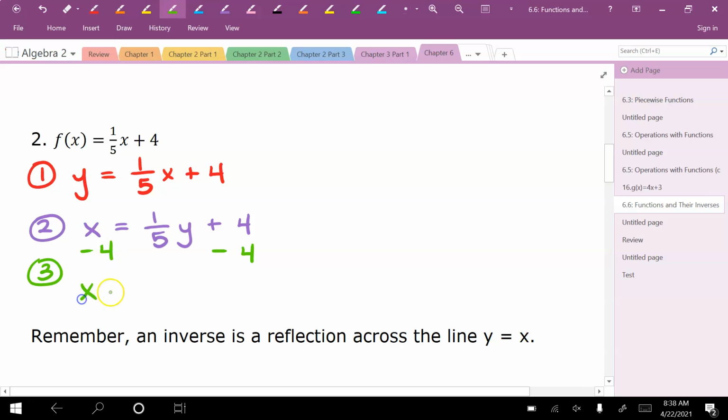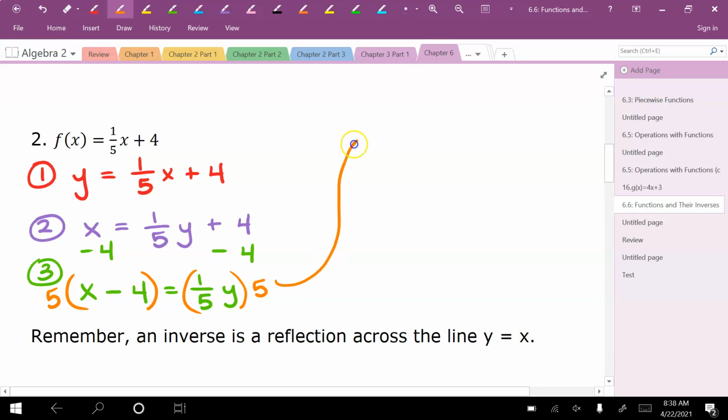So it's going to say x minus 4 equals 1/5 y. How do I get rid of that 1/5? Multiply by 5. Think about that reciprocal. So I'm going to multiply the right side by 5 and the left side by 5. Because whatever you do to one side, you have to do to the other. So you want to make sure that you're multiplying both of them.